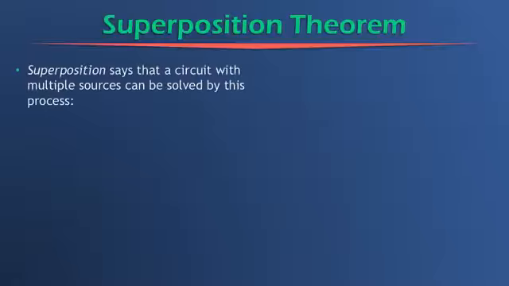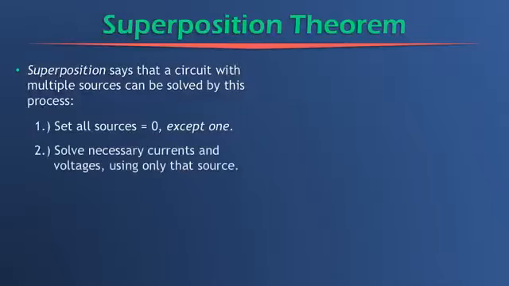So here's the general process for doing that. Superposition says that a circuit with multiple sources can be solved by this process. First thing we want to do, set all sources equal to 0 except for the one that we're considering. And we know how to set all sources equal to 0. Then you want to solve for the necessary currents and voltages, depending on the problem, of course, using only that one source, which is actually going to be relatively easy.